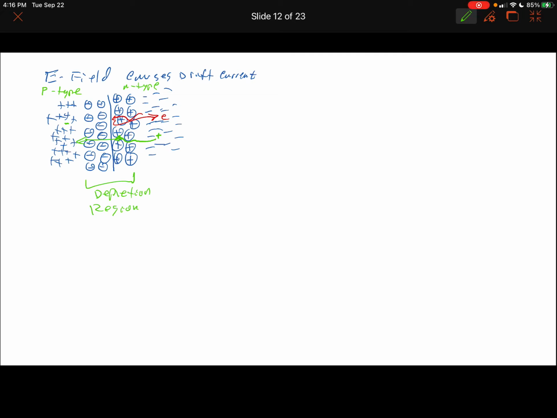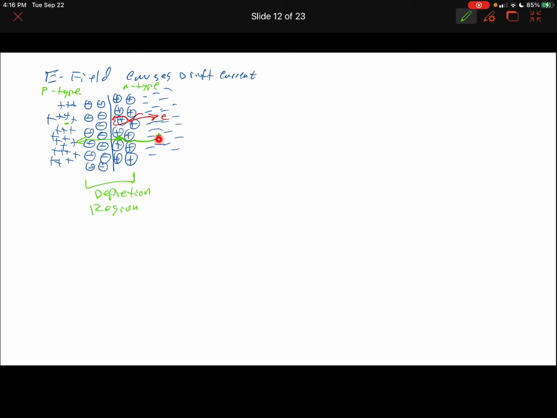So what's happening there, if we talk about the majority carriers, is they get into here, and these fixed charges are actually spread out quite a long ways, because remember, maybe not one in a billion, one in a million silicon atoms are actually dopant atoms, and so there's a fairly good chance that an electron can get into here. But when it gets into here, it's going to see this huge negative charge on the other side of the junction, and that's going to push it away. There's a strong field to push the electron away.